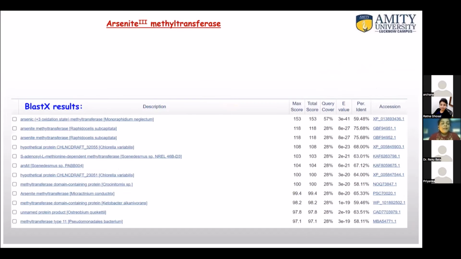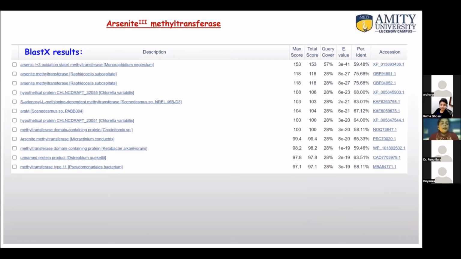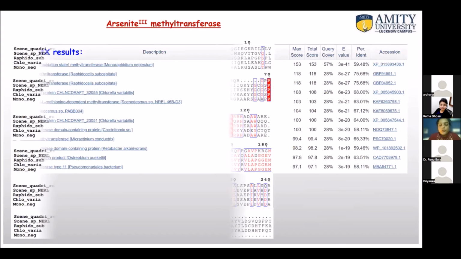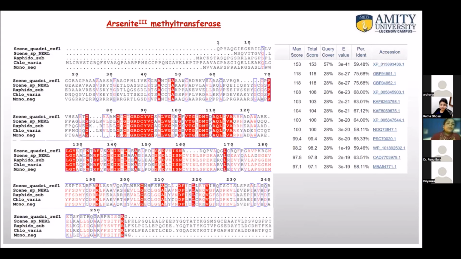When we blasted that sequence in NCBI, we found it has similarity with different methyltransferases of bacteria as well as a few algae already reported in NCBI. So we aligned them and found some conserved regions in their sequences. We aligned our algae, Scenedesmus quadricauda, with other 4 algae reported in NCBI, and we found the conserved region.